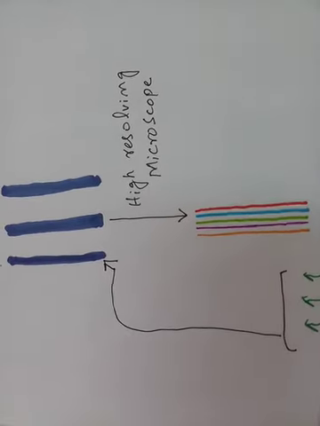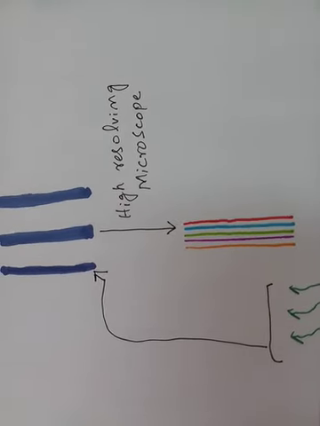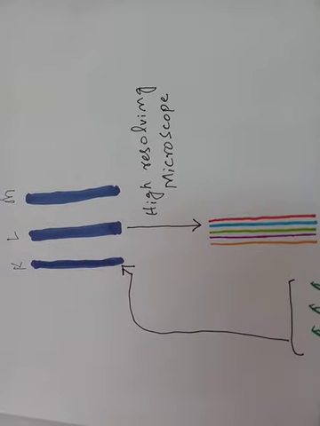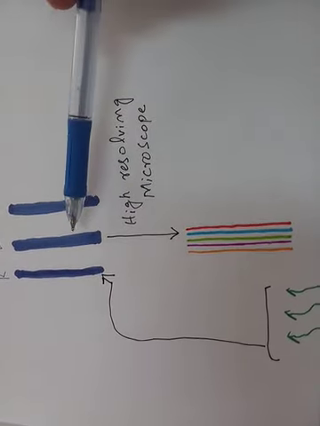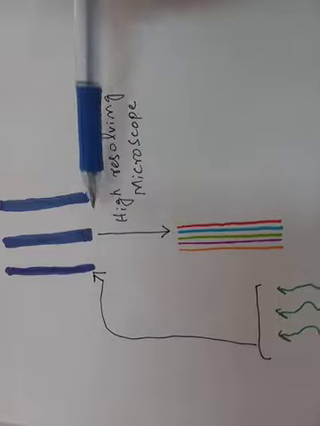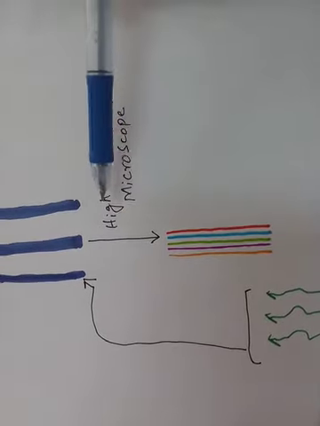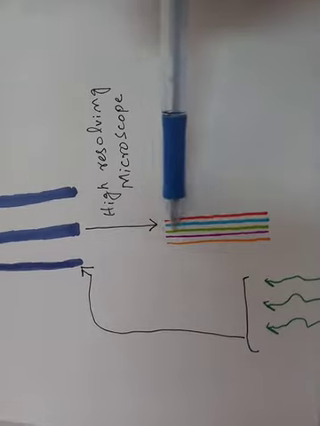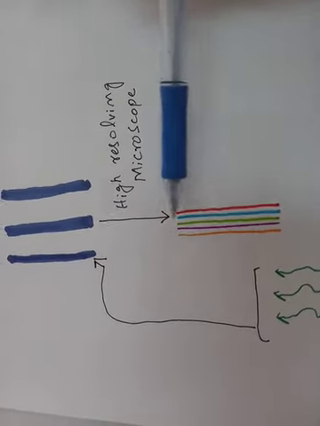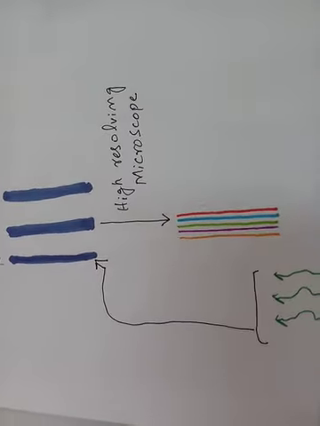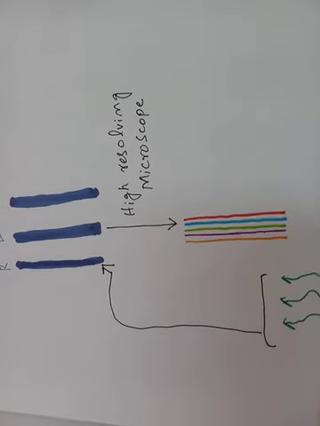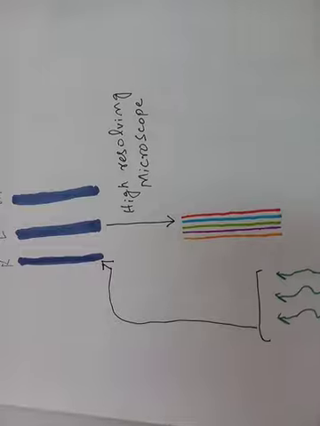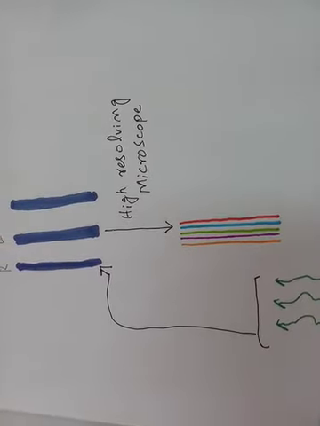This was one of the drawbacks of the Bohr atomic model: it cannot explain the existence of fine lines when the Bohr spectral line was observed through a powerful, high-resolving microscope. These lines are called spectral lines, or you can call it a spectrum.